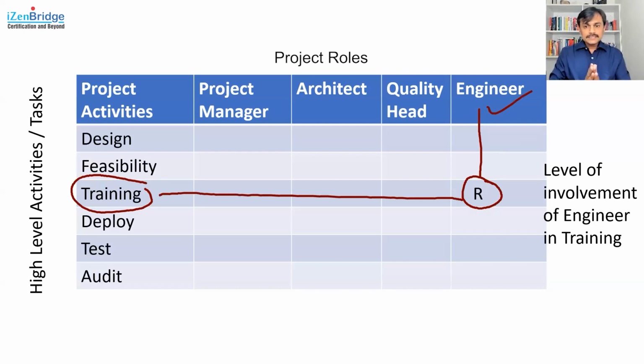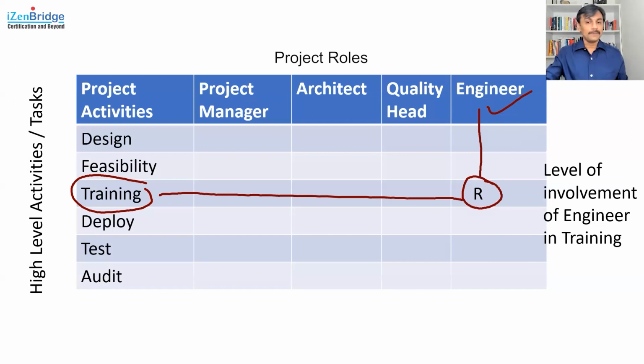R represents the executor, someone who will perform that particular activity. So responsibility is directly linked with performing the activity. In a RACI Matrix, you can have more than one person responsible for one activity. It's not like only one role is associated with executing the training. You may have another role, maybe an architect, who might also be responsible for delivering the training.